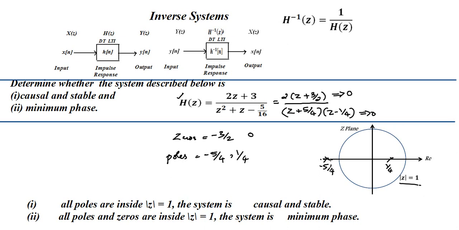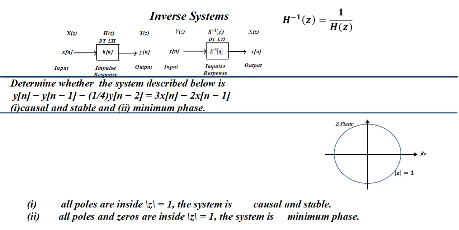So not all poles are inside the unit circle |z| = 1, and the system is not both causal and stable. On the other condition also, not all poles and zeros are inside the unit circle, so the system is not minimum phase.